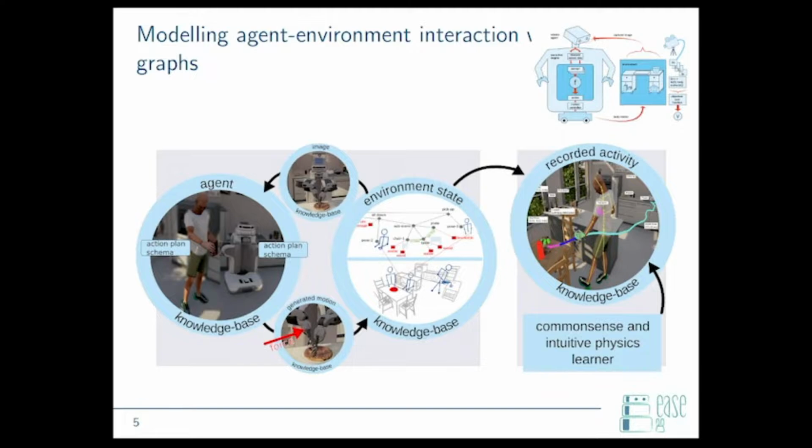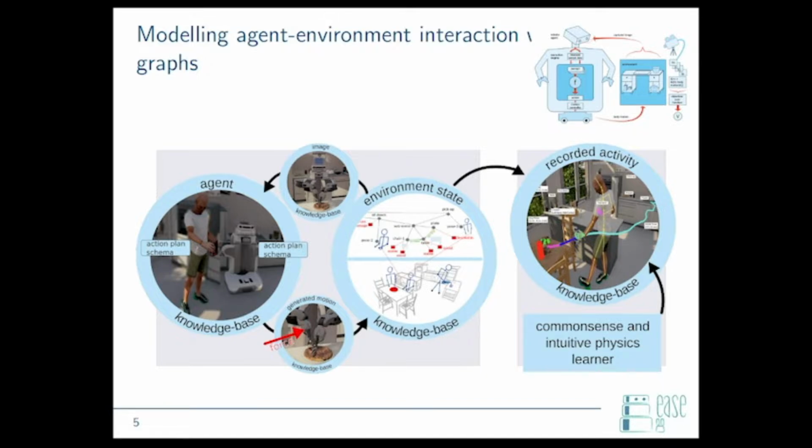If we do that, then we get from our very coarse-grained model of an abstract agent interacting with an abstract environment into a modeling situation where our agents are virtual reality agents, which might be a human or a robot, that are controlled by action plans, and we have access to these plans that control them.